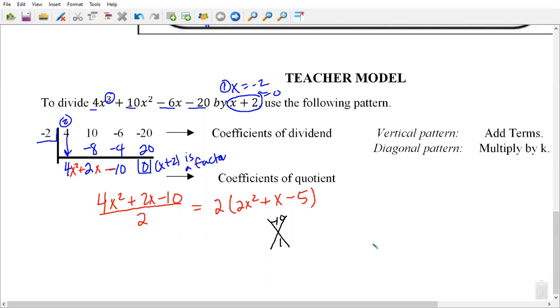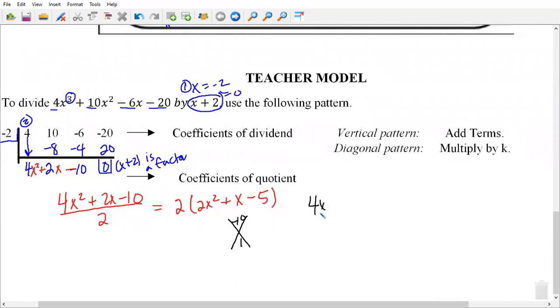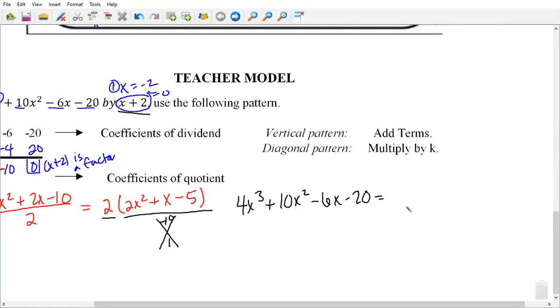So in the end, depending on what I'm looking for, I know that 4x cubed plus 10x squared minus 6x minus 20 equals, with all my factors, 2 times x plus 2 times 2x squared plus x minus 5.